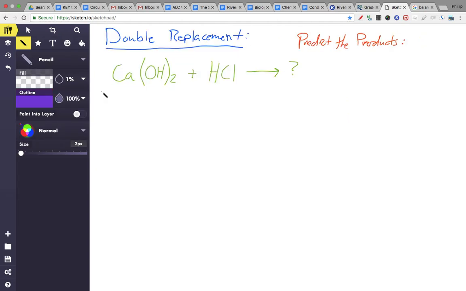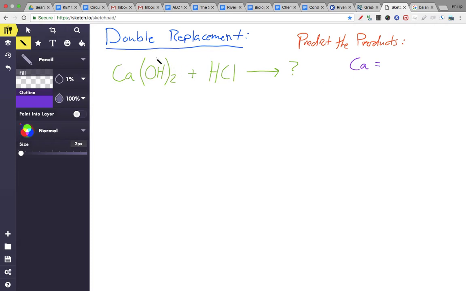A double replacement reaction will work much the same way, except we'll have a little bit different mechanics going on in terms of the partners swapping places. In double replacements, we know that there are 2 compounds that are each going to be split and switch with each other. So first let's break down what parts we have. In our first compound, we have calcium, and then we have a hydroxide group.